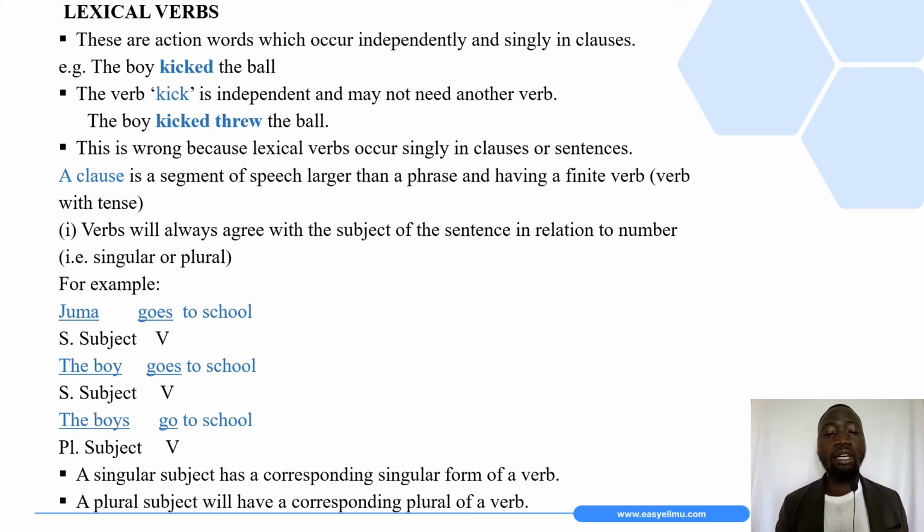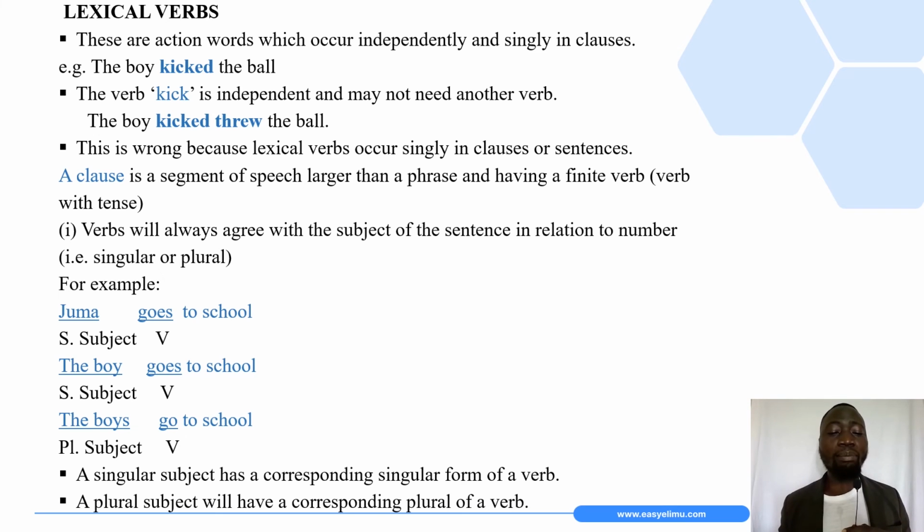So the verb that we use there is goes. Then if we are to talk about maybe very many boys, a number that exceeds one, we will use a plural verb. So check the other example, that is the boys go to school. So in the other sentence, the boys is a plural subject, and therefore the verb that will agree to that is go. That is also in plural.